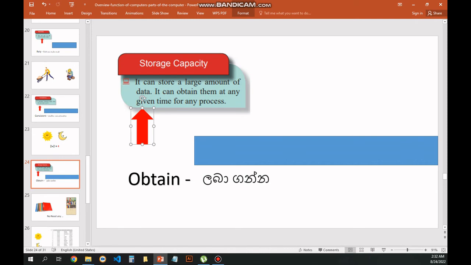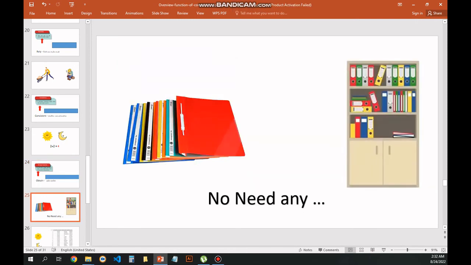So that's the idea here, another quality. For example, if you have a computer, you don't need to keep these in file covers, folders, or bookshelves. Because you have the computer itself.